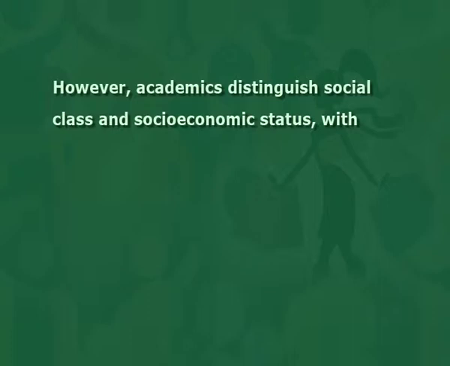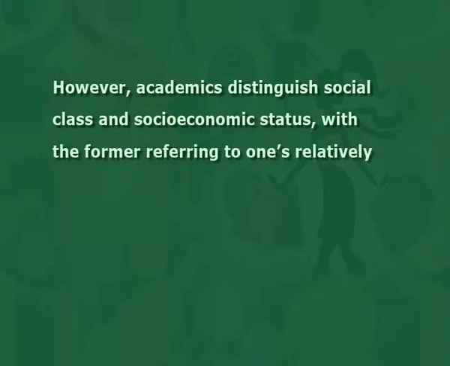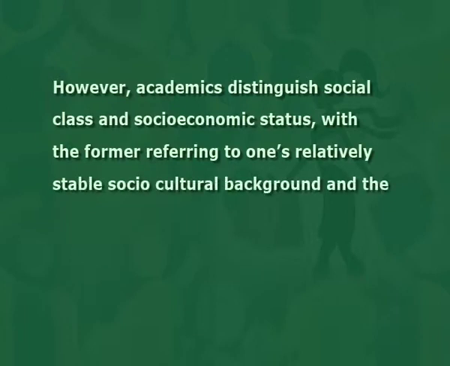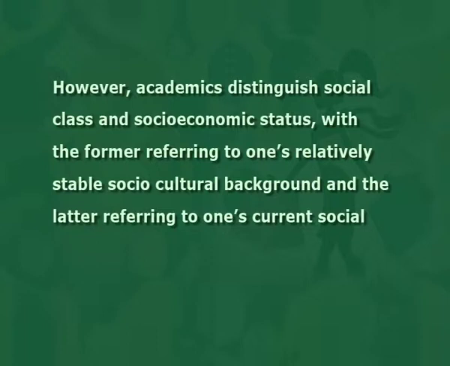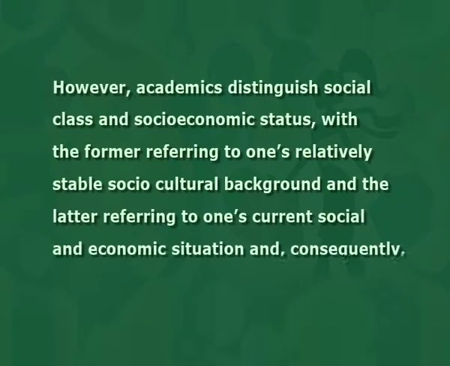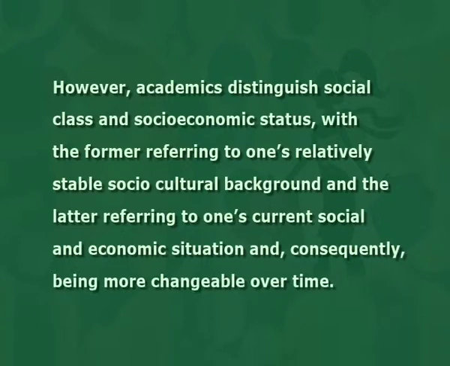However, academics distinguish social class and socio-economic status, with the former referring to one's relatively stable socio-cultural background and the latter referring to one's current social and economic situation, and consequently being more changeable over time. The precise measurements of what determines social class in society has varied over time.